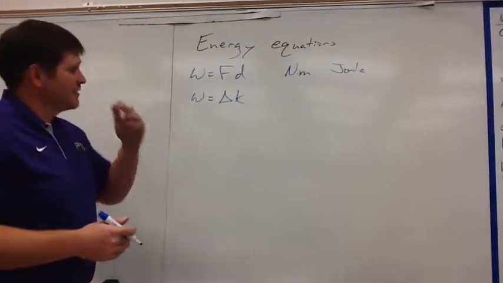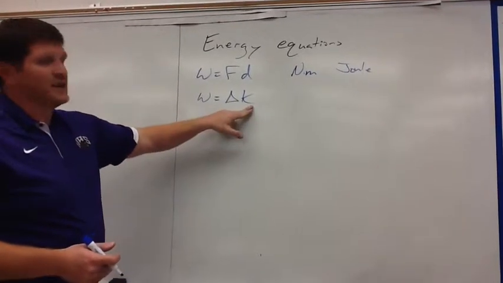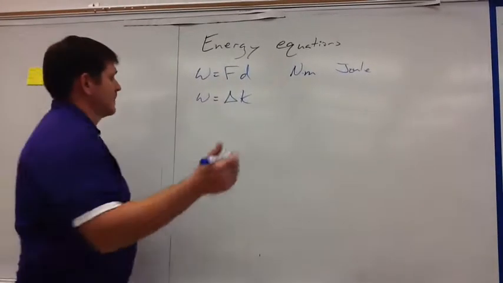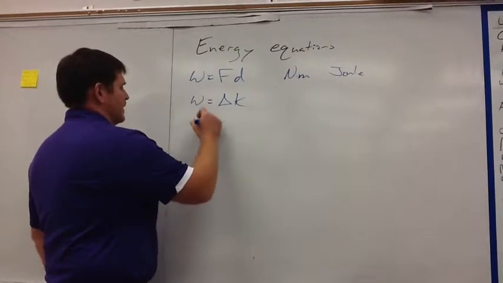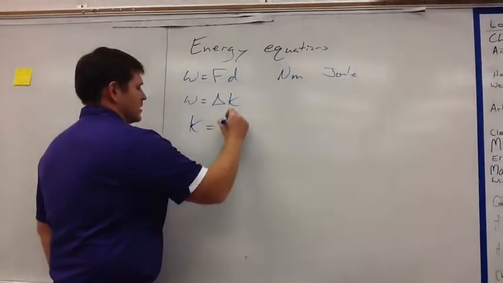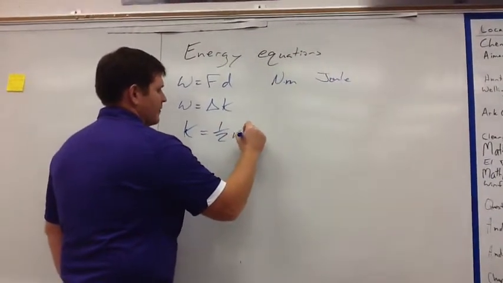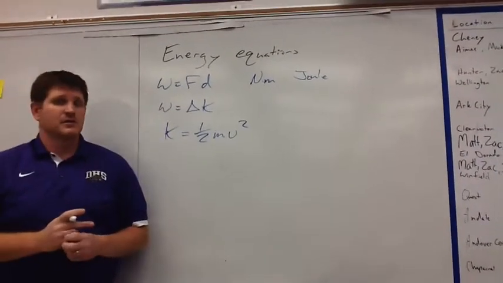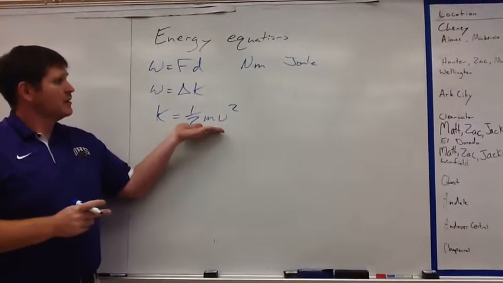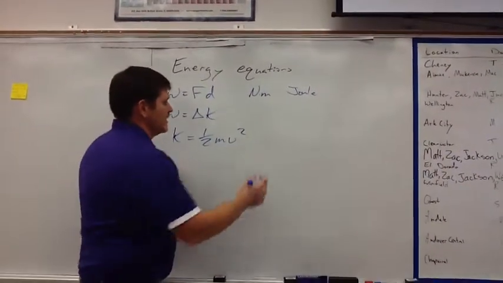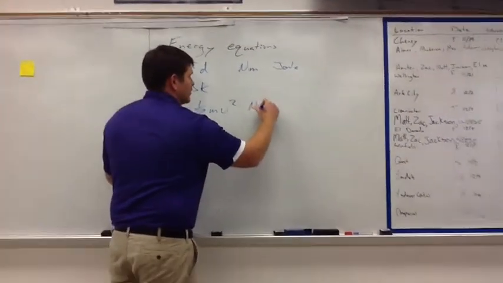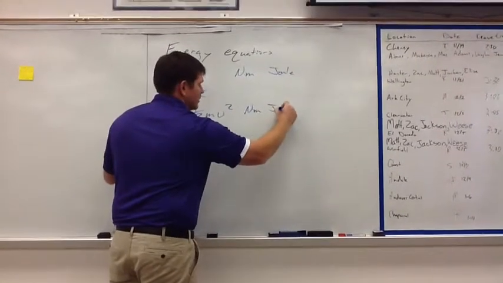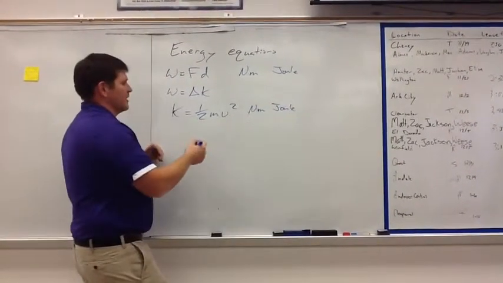So we need to go back to freshman year and remember what the kinetic energy equation is. And that is K equals 1/2 mass times velocity squared. So this is also a Newton meter or a joule.